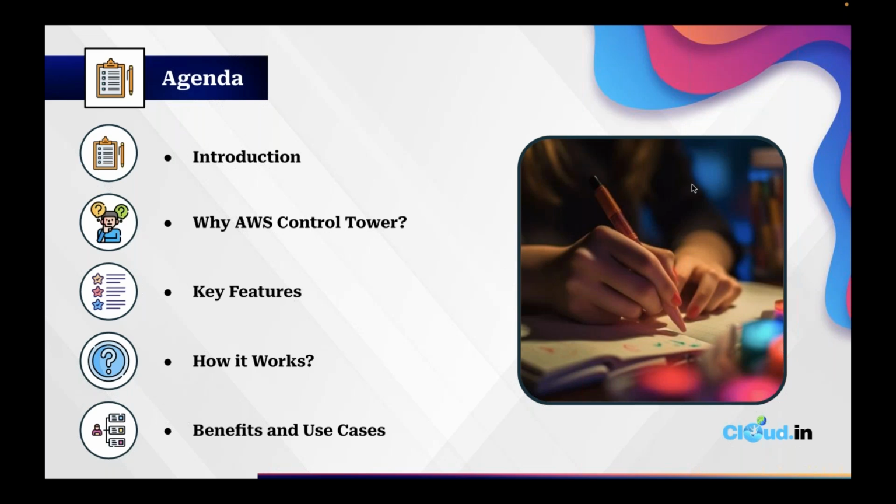Next, we will look into the key features, diving into the main components of AWS Control Tower, and further we'll look at how it works, a brief overview of the workflow, and we'll also look at some of the benefits and use cases to understand the practical application and the value of it. Finally, we'll have a Q&A session, so let's dive in.